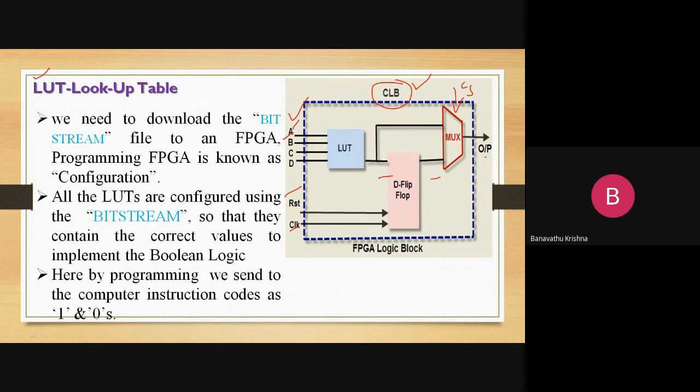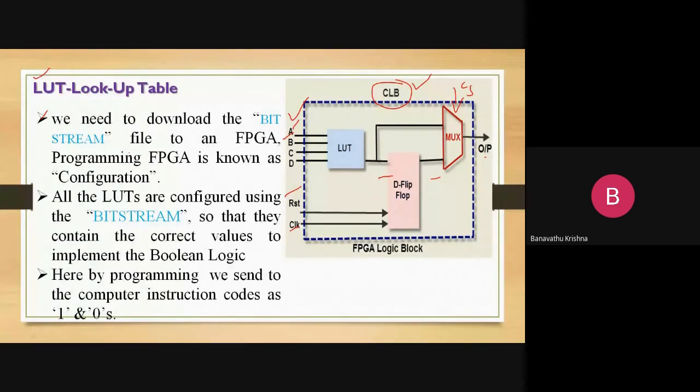Now, we need to download the bit stream file. I already told you, whatever task we are going to implement on the FPGA kit, initially we write a program using the VHDL language.